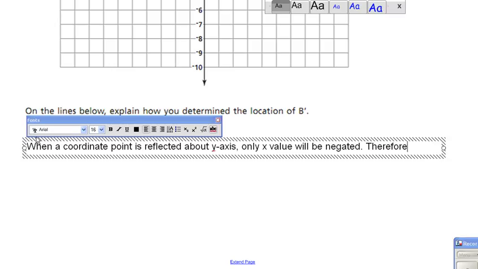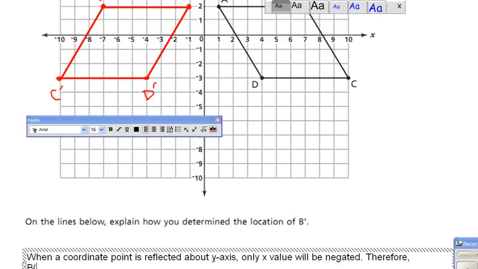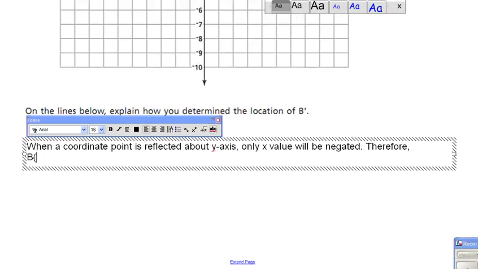Therefore, E originally was at 7 comma 2, will be B prime, which is negative 7 comma 2. Okay, that can be your answer.